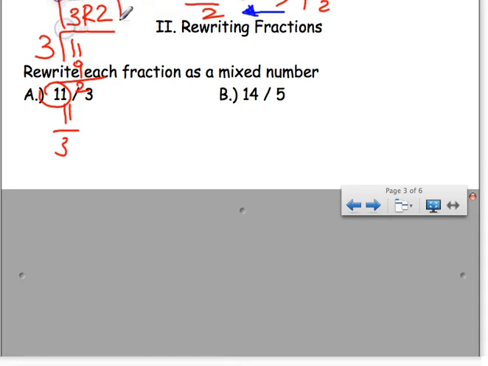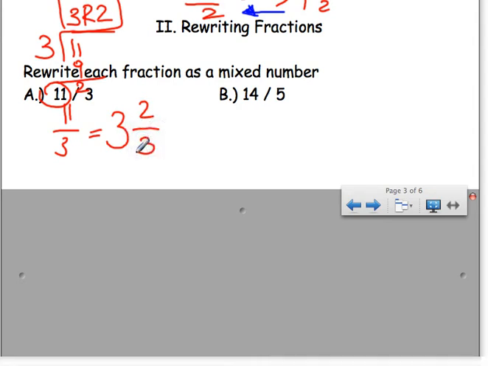This information is really all I need to be able to rewrite this fraction, because you should see that that means I have 3 wholes and 2 pieces left over. Since those pieces are thirds, the remainder of 2 really is 3 and 2/3.